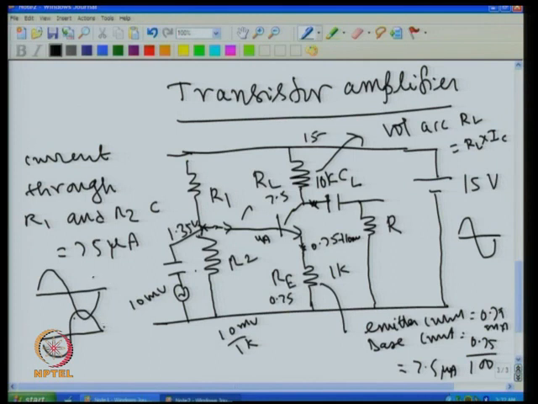This is what it looks like at the input, and you get at the output the inverted voltage. That is, if the input is like this, then you get at the output a 180-degree phase reversal waveform, and of course this amplitude is 10 times more than this.